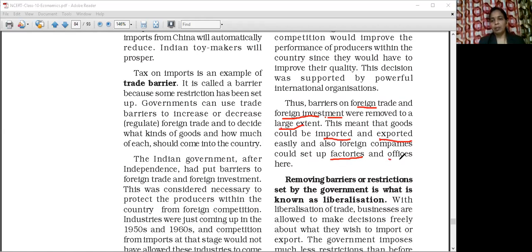This happened in 1991. So allowing foreign investors in 1991 by signing the GATT agreement gave strength to globalization in the country.